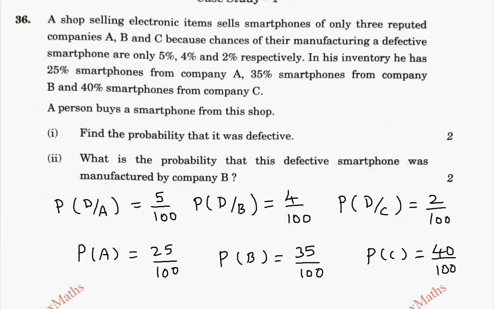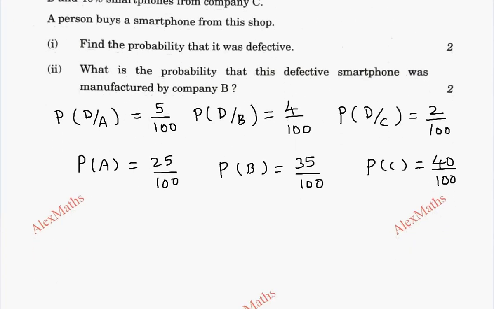Now in the first part they ask a person buys a smartphone from this shop, find the probability that it was defective.